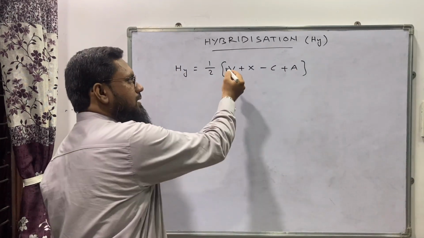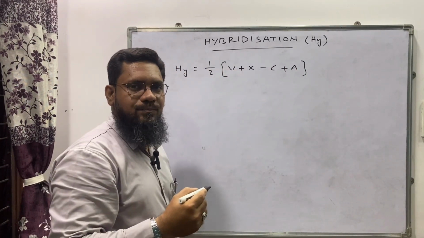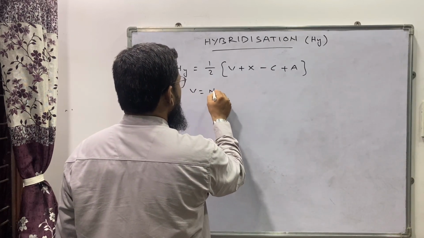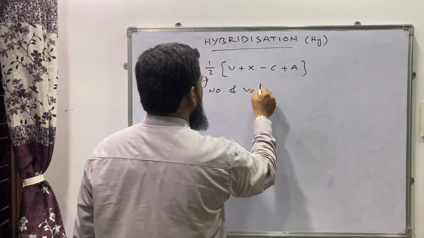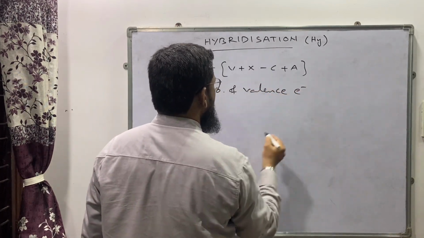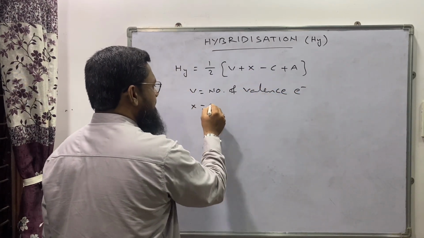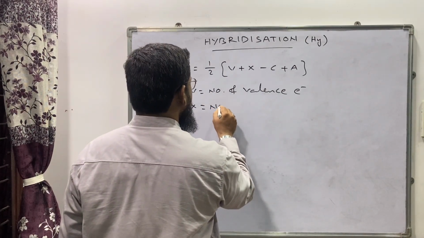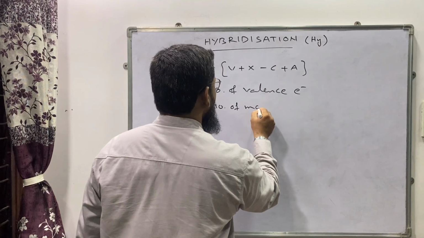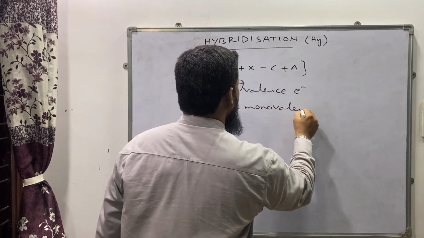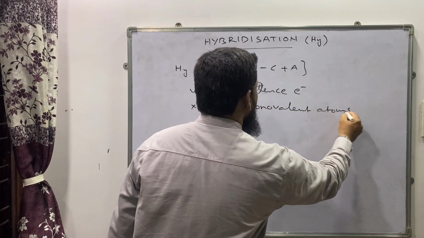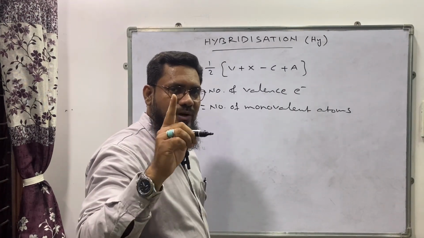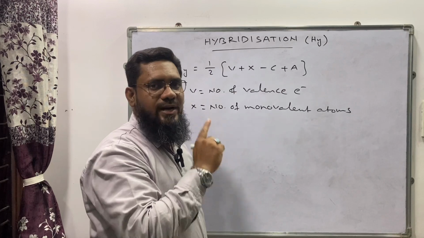Here, V is the number of valence electrons and X is the number of monovalent atoms. Mono means one, so those atoms which can form one bond, we take only those atoms.